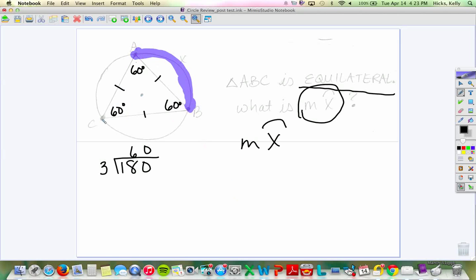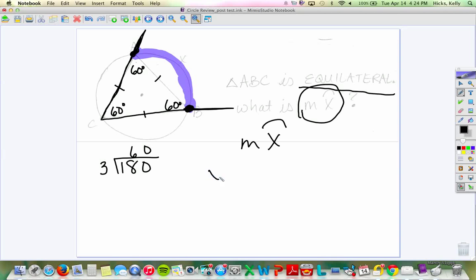But I do see that angle C intercepts the same places on the circle as arc X does. There's part of C, and there's the other part of C. Do you see that they both start and stop on the circle at the same place?